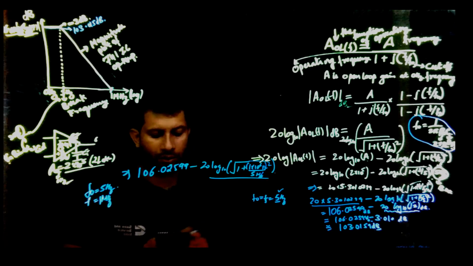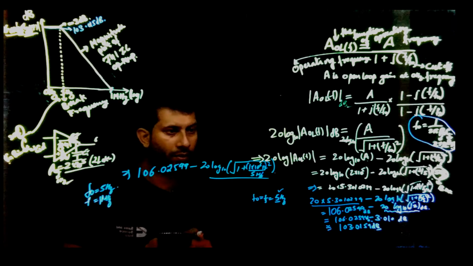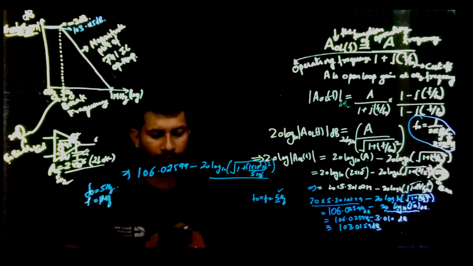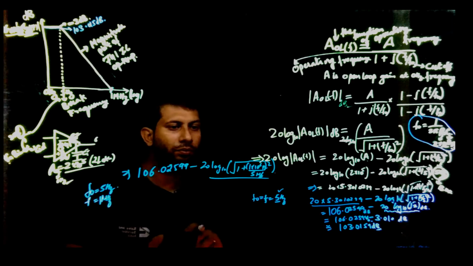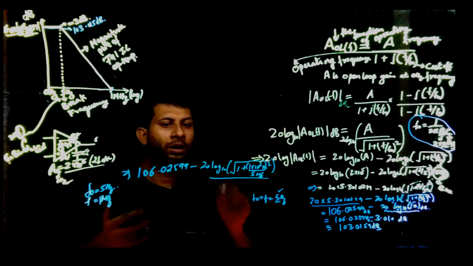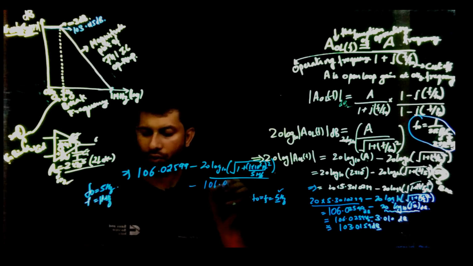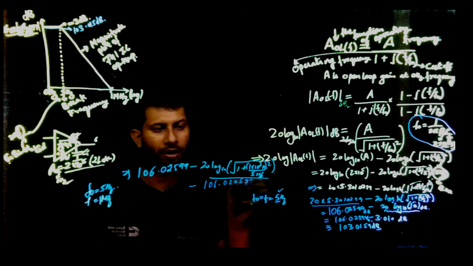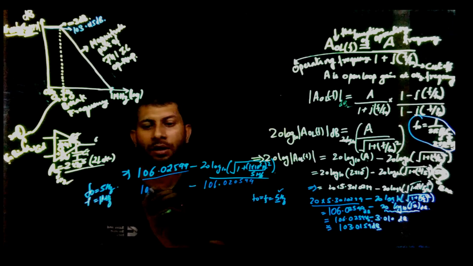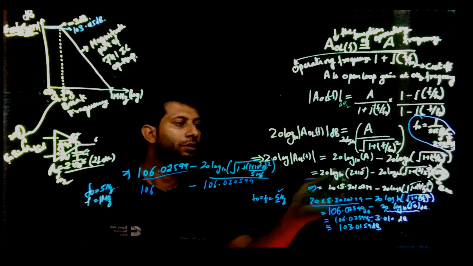When we calculate this factor, let us calculate 1 into 10 raised to power 6 divided by 5, square of this, plus 1, and root of this, and multiply by 20. It is approximately equal to 106.020599, which is the same as this factor.